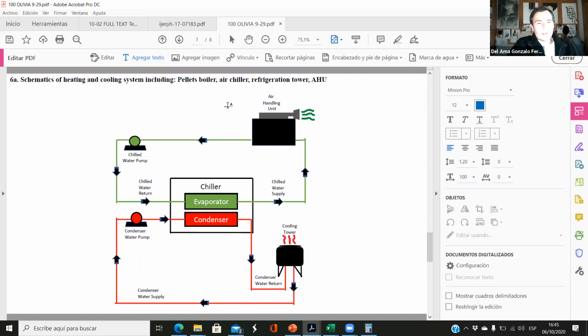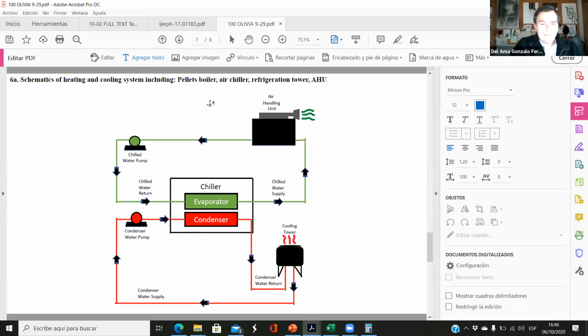So if we are doing this for schematics, it's okay because we are just connecting this to this and this to that. But if we place this close to the air handling unit, it will be close to the air handling unit. We place this here because in theory this is on the roof, and that will be clearer.